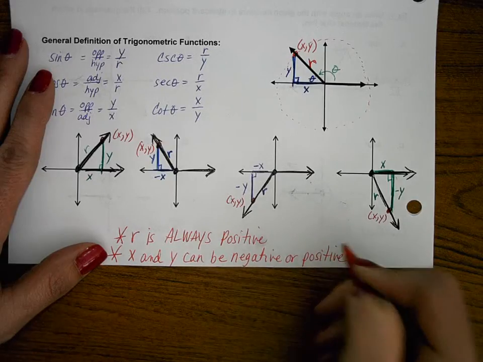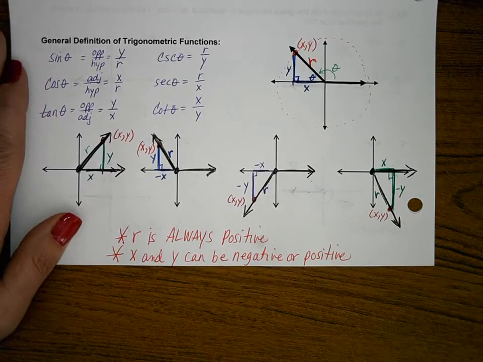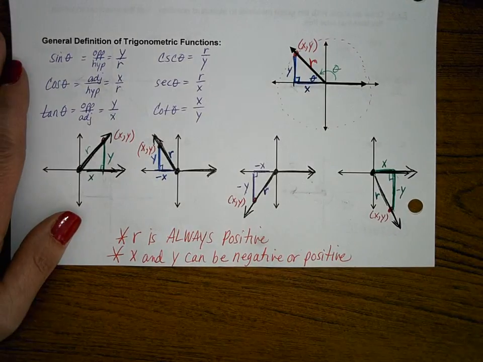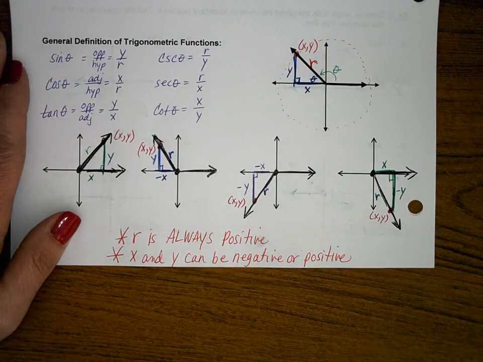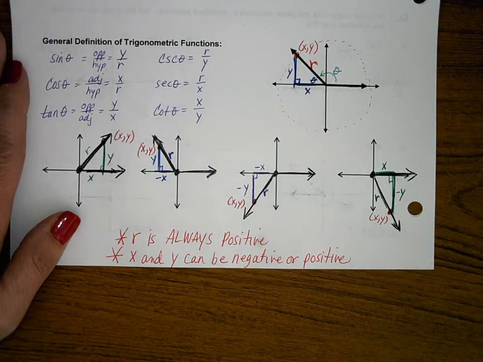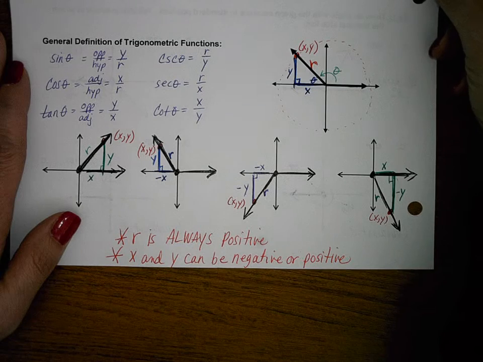Now, you should be asking, well, what am I going to possibly do with this? Why do I care? And that's what we're getting to in a second. All right, got that all written down? All right, let's flip over and see what we're going to do with that.